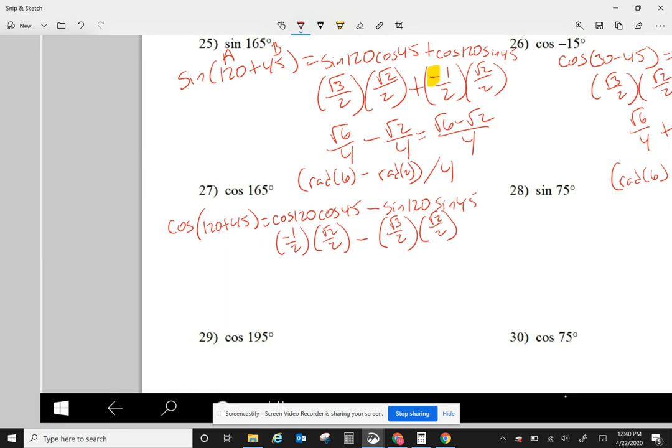So I have negative radical 2 over 4 minus radical 6 over 4, better known as negative radical 2 minus radical 6 all over 4. The way I'm going to type this will be a big parentheses for the top, negative radical 2 minus radical 6 all over 4.